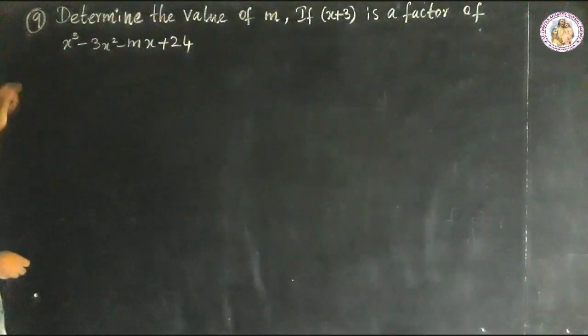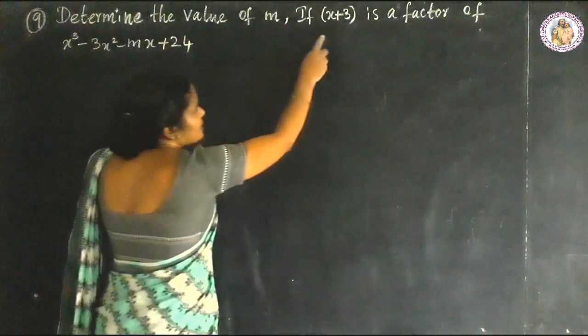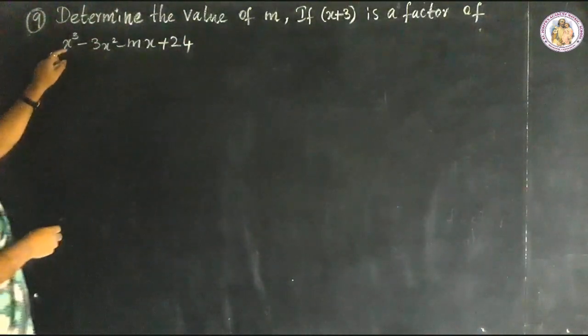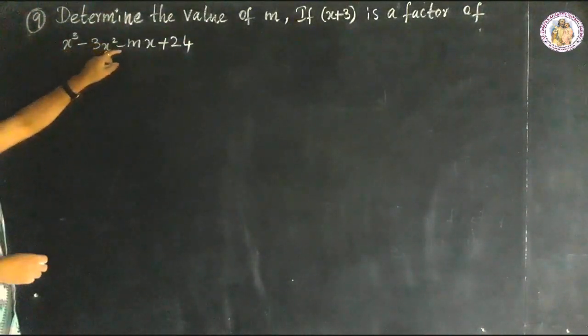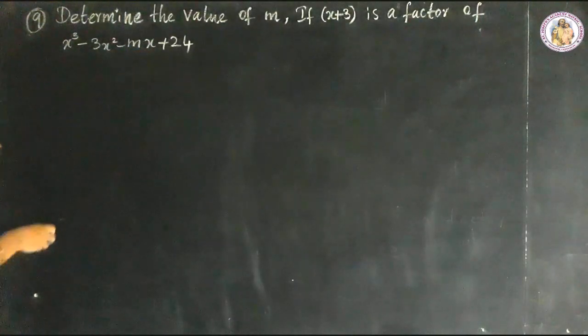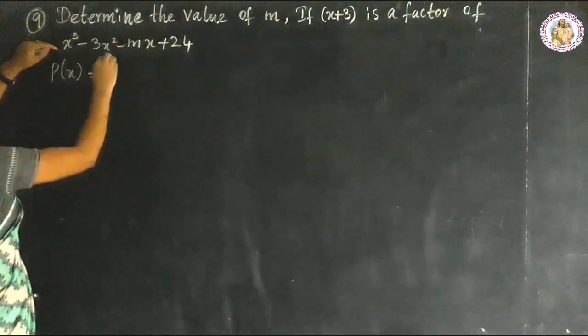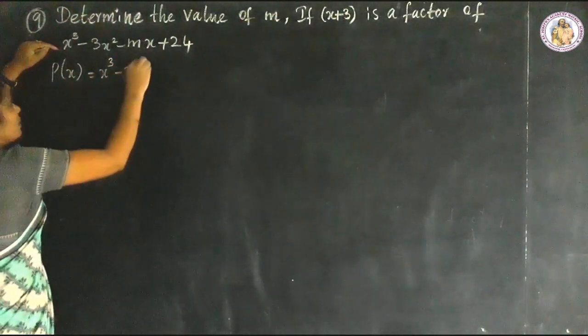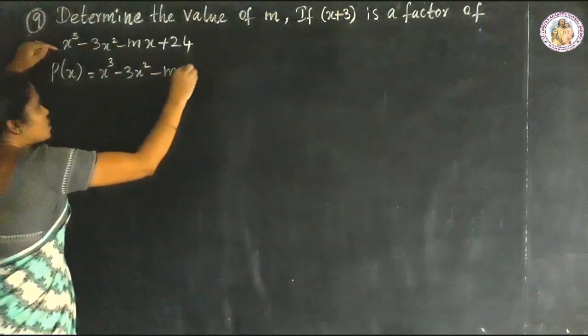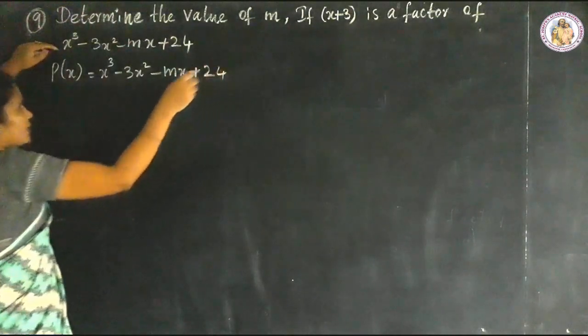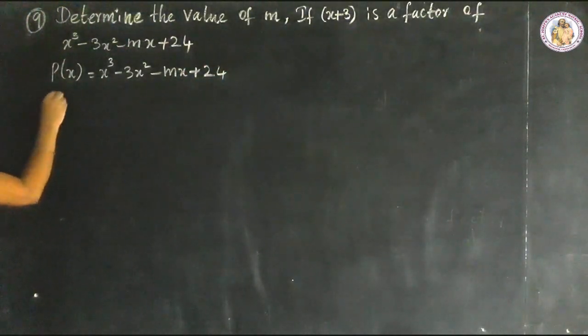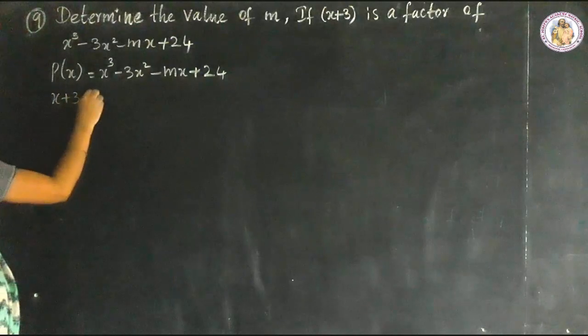Question number 9. Determine the value of m if x plus 3 is a factor of x cube minus 3x square minus mx plus 24. Now, let P of x is equal to x cube minus 3x square minus mx plus 24, and it is given that x plus 3 is a factor.